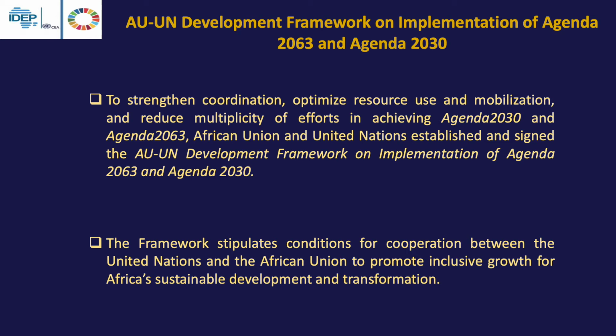To ensure that this is very effective, the framework stipulates conditions for cooperation between the United Nations and the African Union that can help Africa to promote inclusive growth for its sustainable development and transformation.